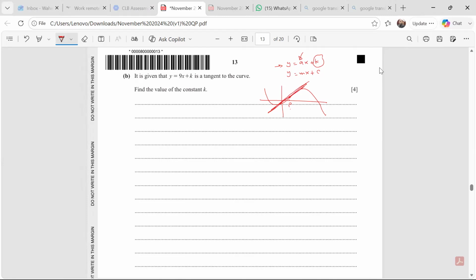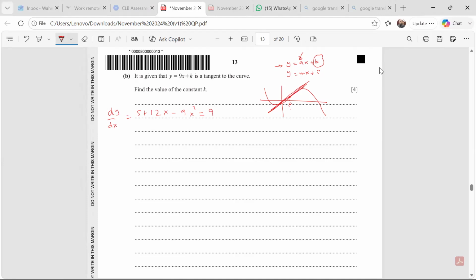So I would like to see at what value of x the derivative is equal to 9. Remember we found the derivative dy by dx as 5 plus 12x minus 9x squared. So this must be equal to 9.